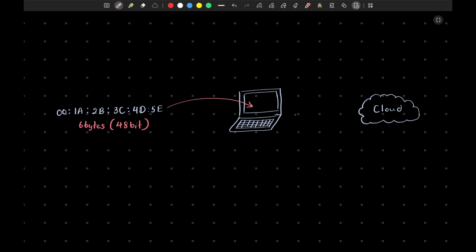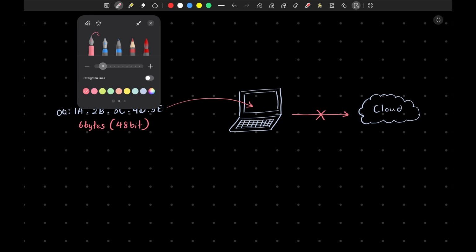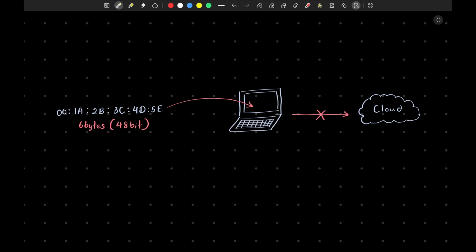But this MAC address alone cannot be used to connect to the cloud or the internet, because there are two major problems if we use only the MAC address for connecting our devices to the internet. Let me walk you through a scenario to understand those two problems. Let's say we have a network with 1,000 computers.